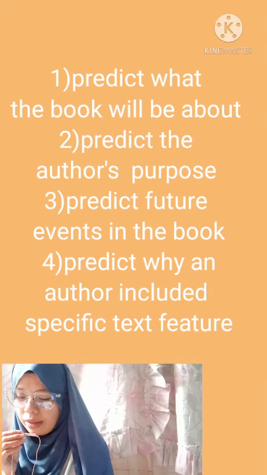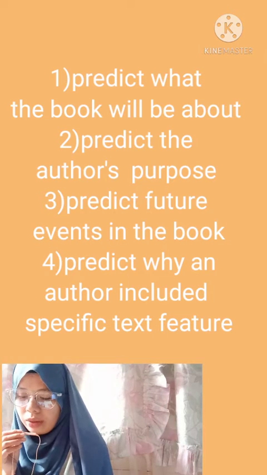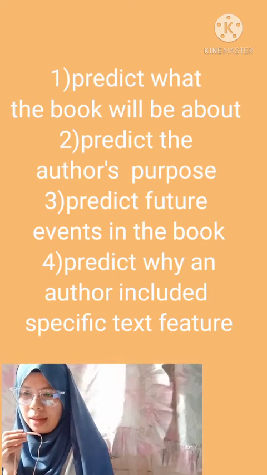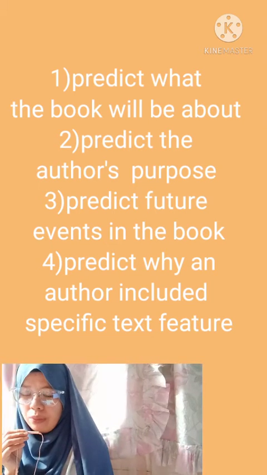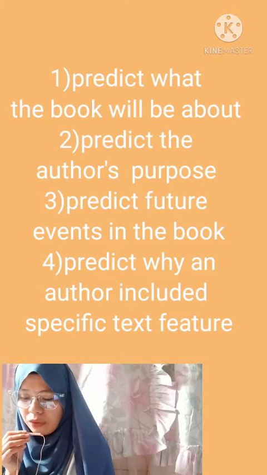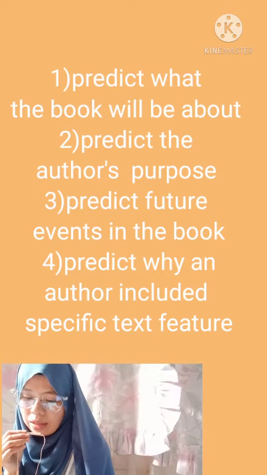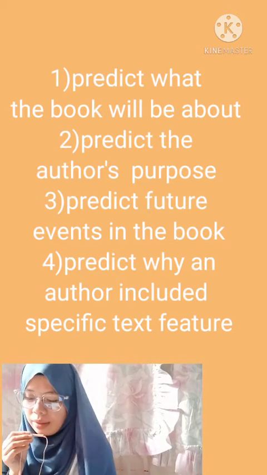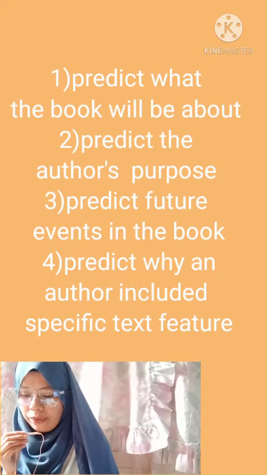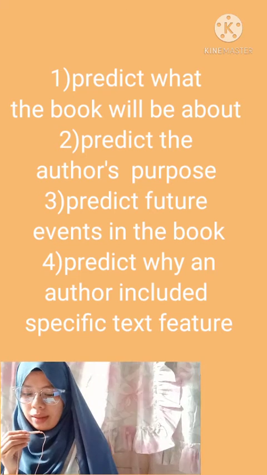Next is predict why an author included a specific text feature, like highlighting some text in the book. What does it teach us? What information does it help clarify? Predict what they will learn from the text or section within a text.